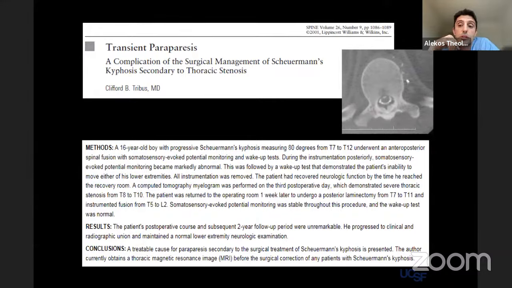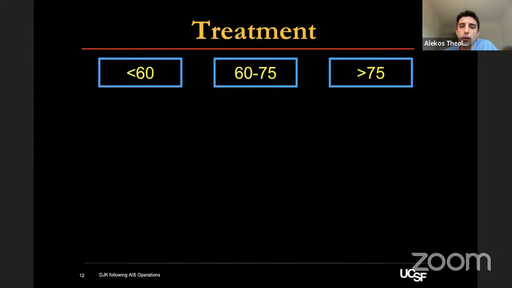But post-op CT myelogram demonstrated that there was severe stenosis from T10 to T8 at the apex of the deformity. And so again, they stated that the current author obtains a thoracic MRI before the surgical correction of any patient with Scheuermann's kyphosis.